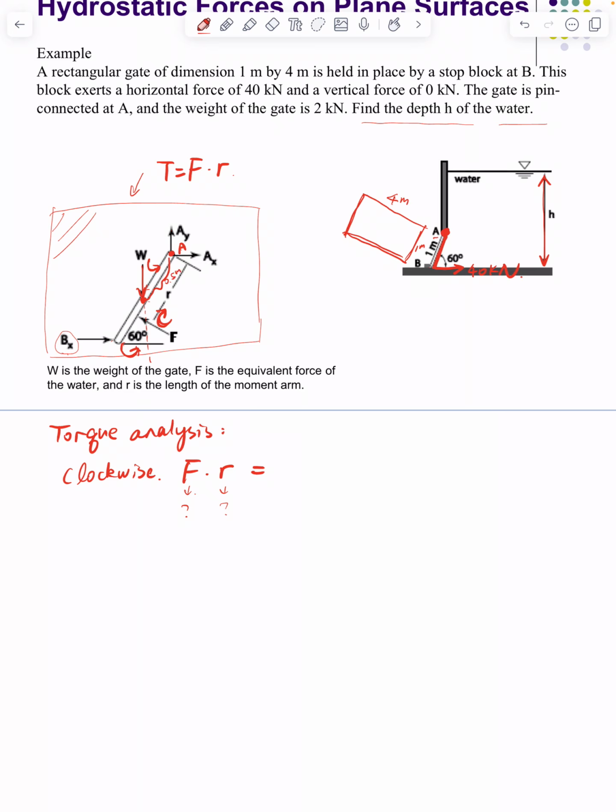So this part is 0.5 meters. But we notice that W is not perpendicular to the surface of the gate. So there is an angle, right? If here is 60 degrees, then here is 30 degrees, the same as here is 30 degrees, and here is 60 degrees.